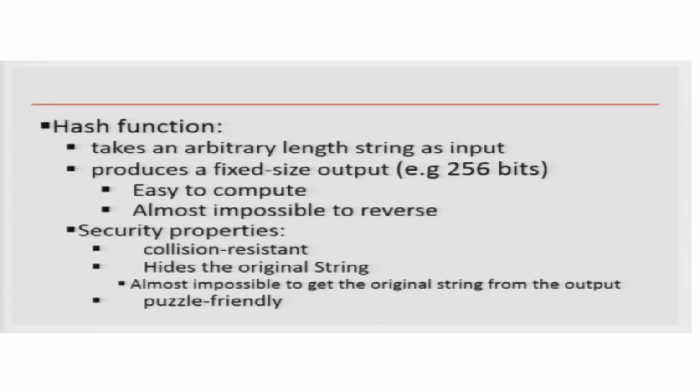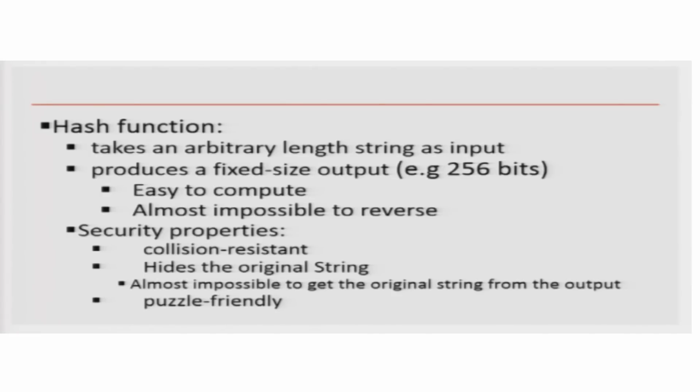It has to be easy to compute, but you cannot reverse it, which means that if I give you the output, you should not be able to say which string was put into the hash function to produce this output. It is almost impossible to reverse. Now, it has to have some security properties.